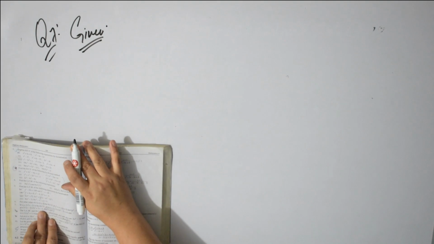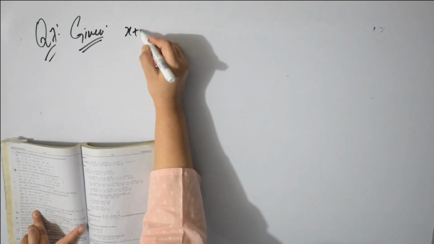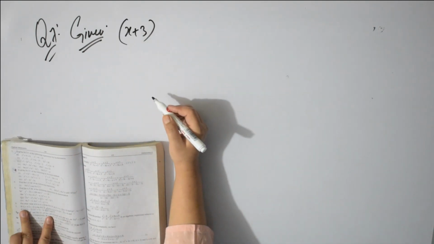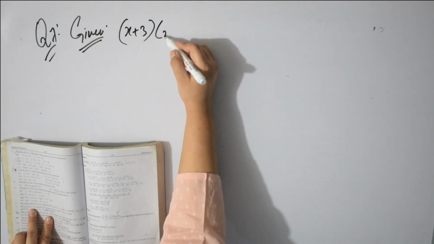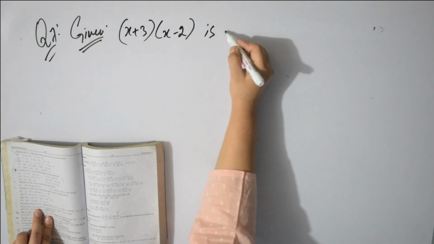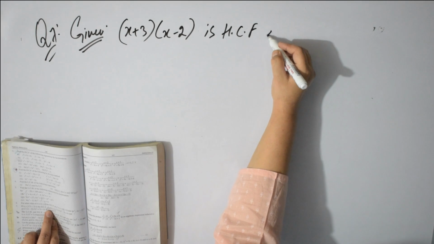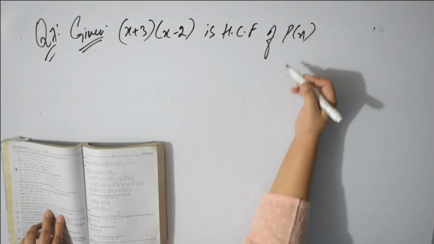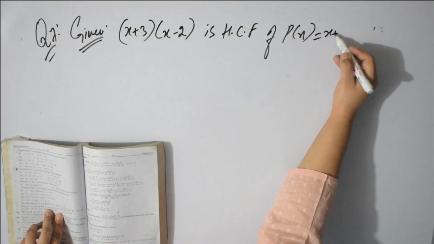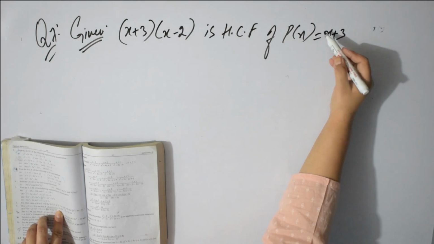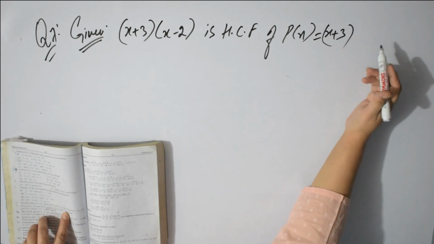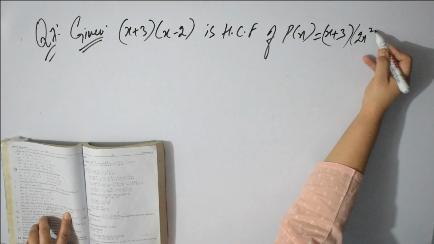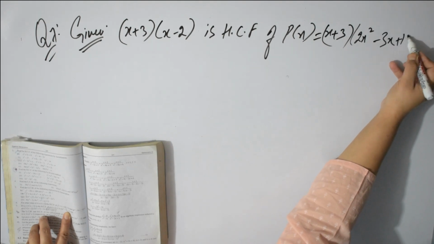Now what is given for question number 7? Given is x plus 3 and x minus 2 is the HCF of p of x. What is p of x? It's x plus 3 into 2x square minus 3x plus k.